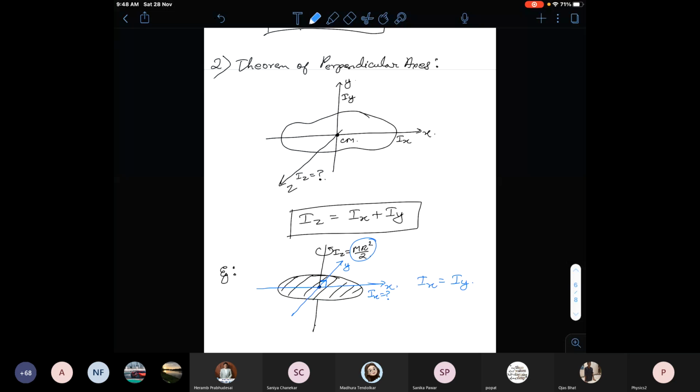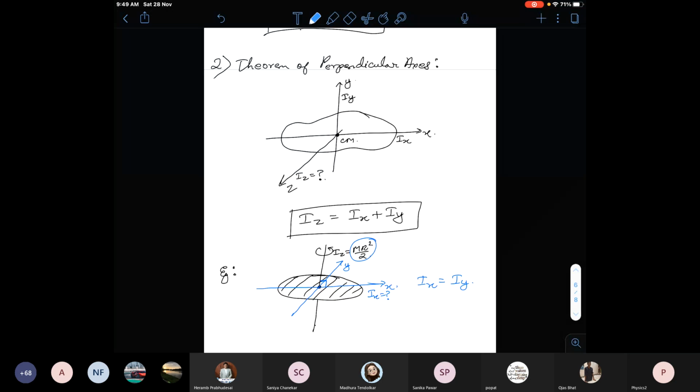First of all, just see here in the example that the moment of inertia about x will be equal to the moment of inertia about y. Why am I saying such a thing? Because it is the same, just your disk has been rotated by 90 degrees in the same plane. So it won't create any effect, the rotation will happen as it is.